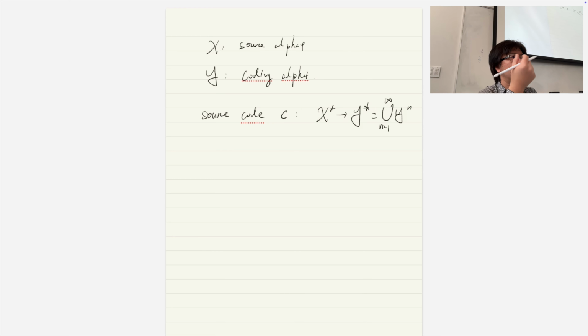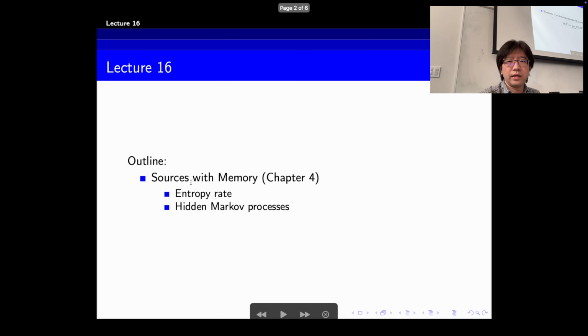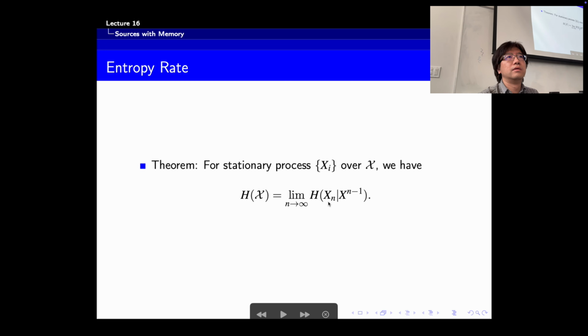We mentioned one case. Before I go on, maybe I can show you a little bit, in case you don't recall. From here, we can see that this is basically sequential encoding.